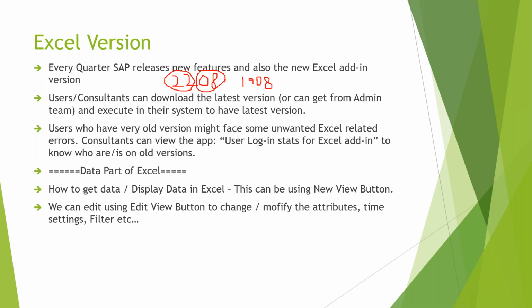Therefore, it's advisable that at least every 6 months we install the latest version on our local machines, so that if there are new features related to the Excel version, we can utilize them as well. If we do not have the latest version, we cannot utilize those new features.